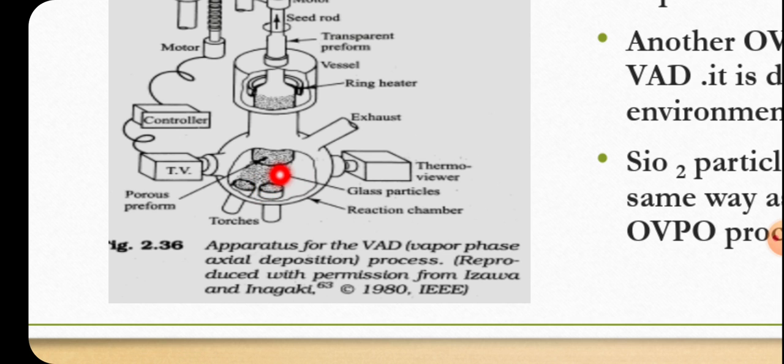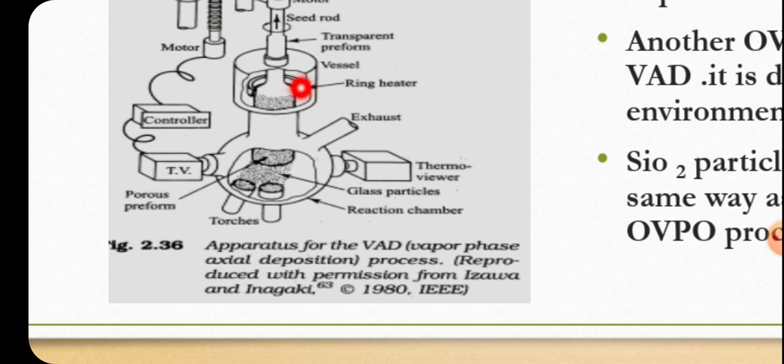It will be deposited at the end of a glass rod, that is the seed rod. So here deposition takes place in the axial manner, not in the lateral position, and once it is deposited, the glass rod is moved up and down and also rotated in a circular movement, so that the glass particles are deposited in a uniform manner.